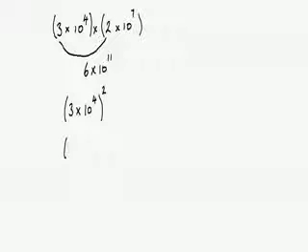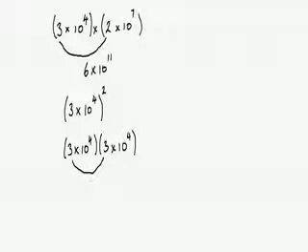So that would be 3 times 10 to the power of 4 times 3 times 10 to the power of 4. So once you've done that, it's really easy. Like with like, 3 times 3 is 9.